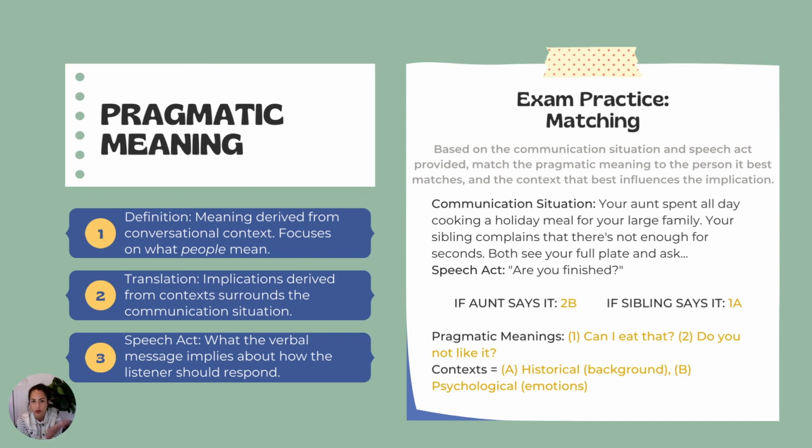Remember in chapter 1, we talked about there being 5 different types of context. And every single one of them is always at play, but sometimes one or two might give you a little bit more insight on someone's speech act. So in this situation, I could gather that, based on her saying, "Are you finished?" might be a psychological context, meaning the emotions in her voice might show me that she probably is wondering, "Wait, did you not like the food I made you?"